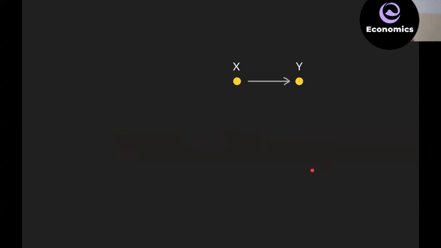So suppose we want to know the causal relationship between X and Y, and so the direction, there's an arrow there, right? So we want to know to what extent the change in X caused the change in Y. Let's think about X as some sort of intervention.